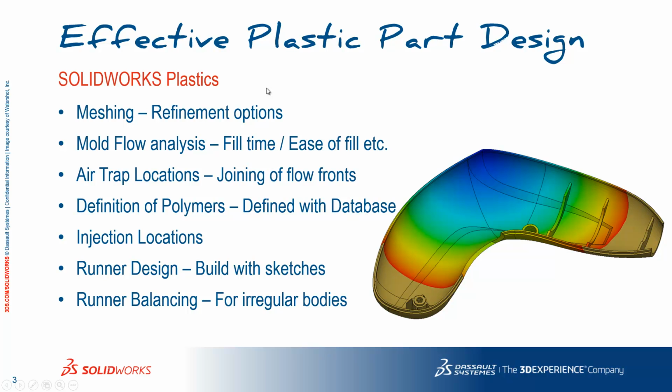We can easily work out things like an analysis of the mold flow, how long it's going to take to fill, and how easy the process will be within the software. We can pick out quite nice things like air traps within the design, or possibly weld lines, the points where the flow fronts come together. It's got quite a nice database of different polymers. I think the best thing to do is if we switch over, we'll have a look.